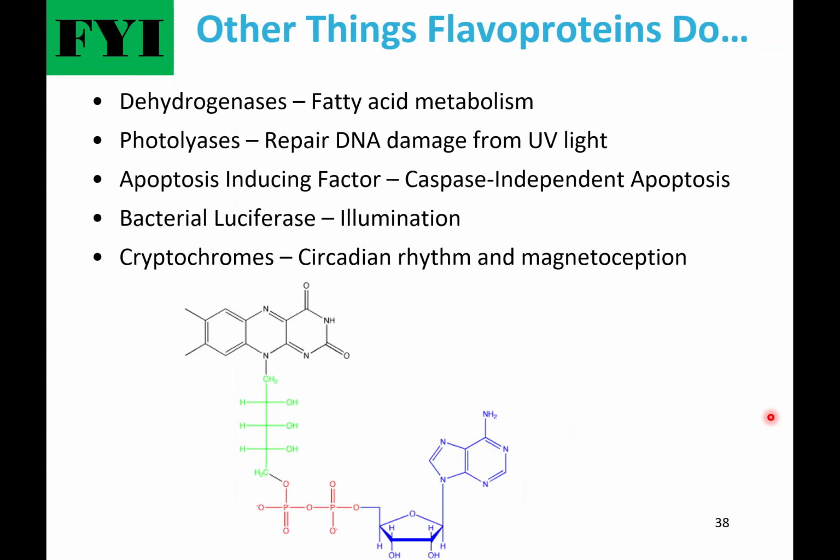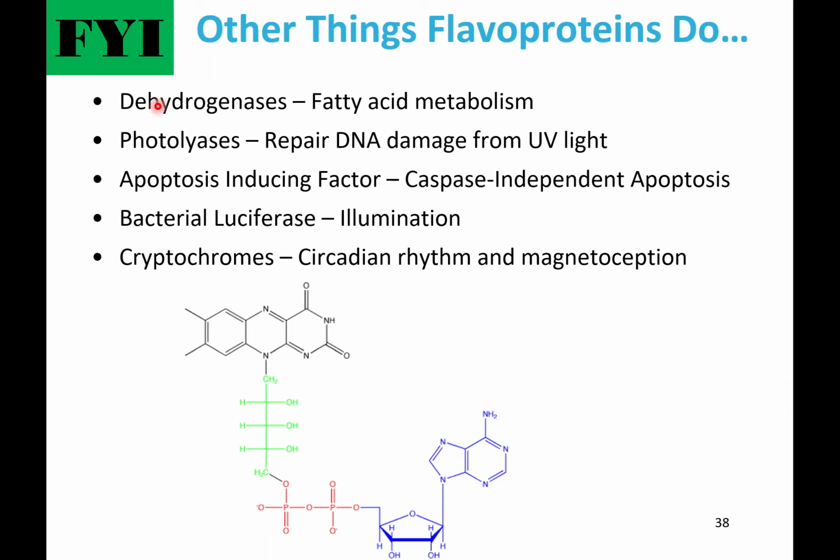Flavins are actually kind of cool. The reason I show a little bit more of this is because I have some experience researching flavoproteins. There are some other things besides metabolism and electron transfer that flavoproteins do.